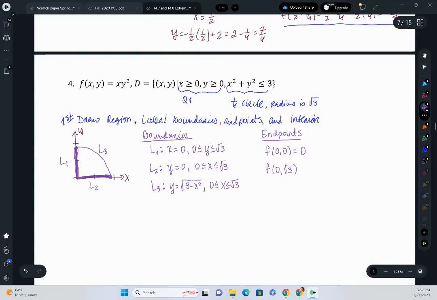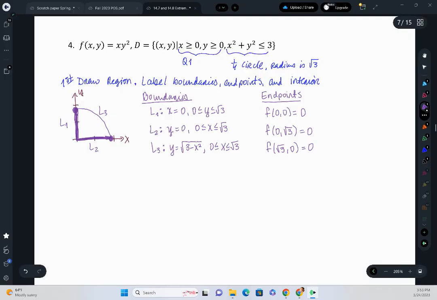That's going to be on the y-axis, my point right here. And again, with that 0 in there, xy squared is going to give me 0. And then finally, I have f of root 3 with 0. That's going to be that endpoint on the x-axis, and that will also give me 0. So I had 3 endpoints. All 3 of them gave me the same value. Those may or may not be anything when we finish up here.